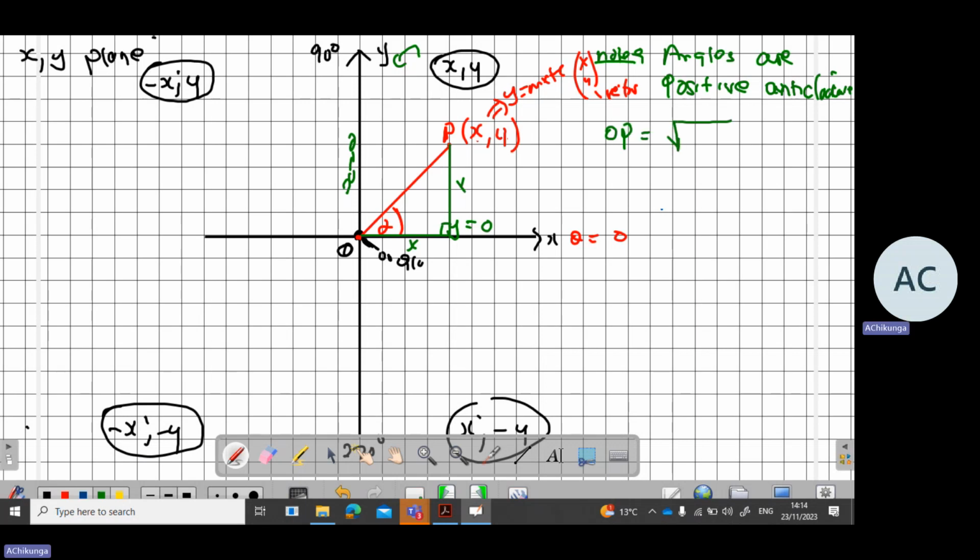Because OP is tedious to write, let me call it R. So the relationship between these three lines is the Pythagoras theorem: x squared plus y squared, take the square root, is equal to r. This is the most important concept, the Pythagoras theorem.